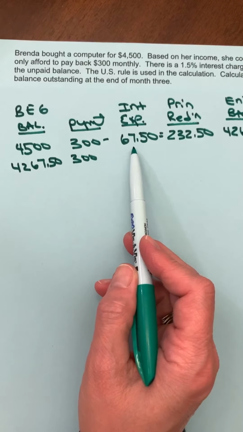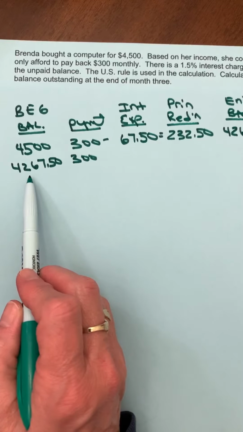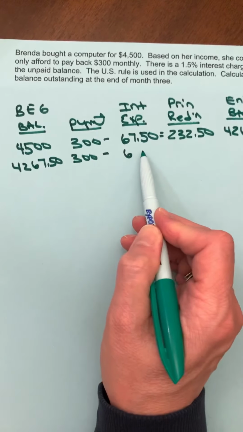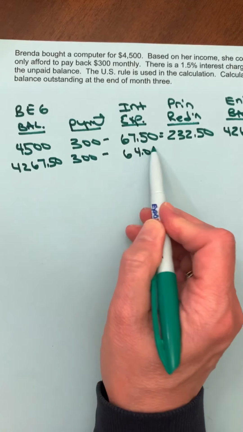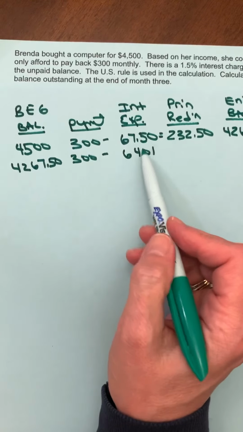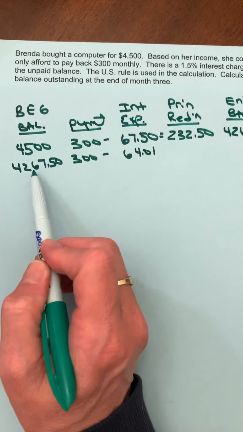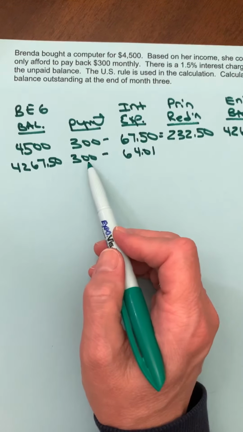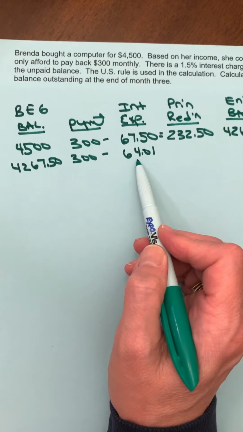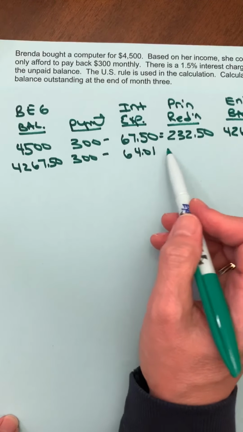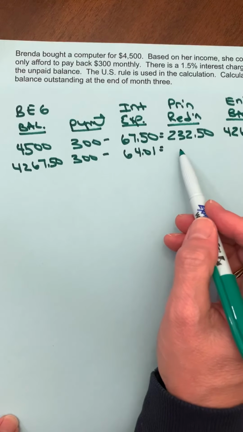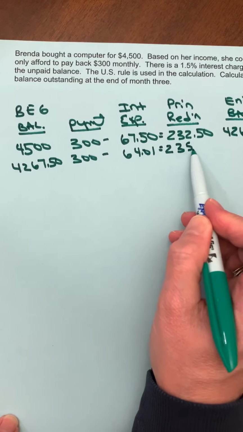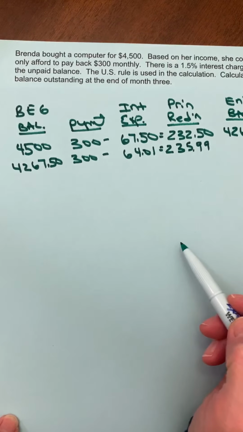So now I'm going to take the 1.5% times the $4,267.50, and I get $64.01. Notice my interest is less this month because I was paying it on a smaller balance. So if I make a $300 payment and $64.01 goes towards my interest, then how much is left to reduce my principal balance? $235.99.